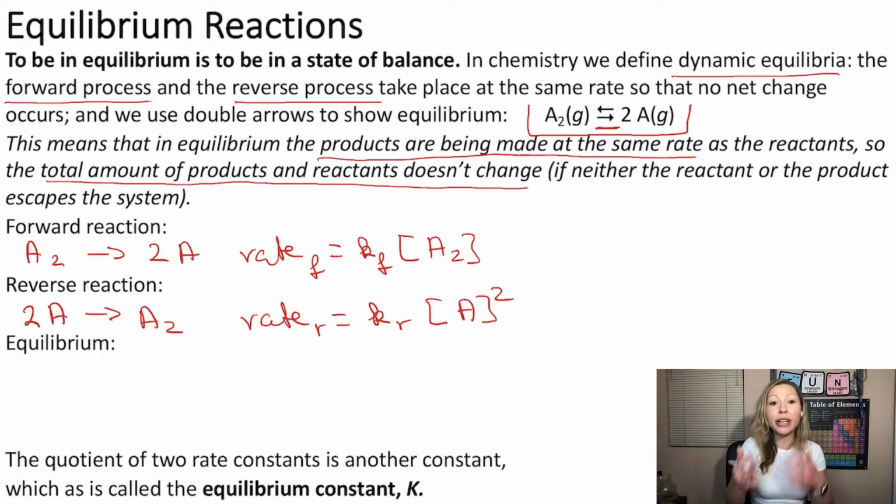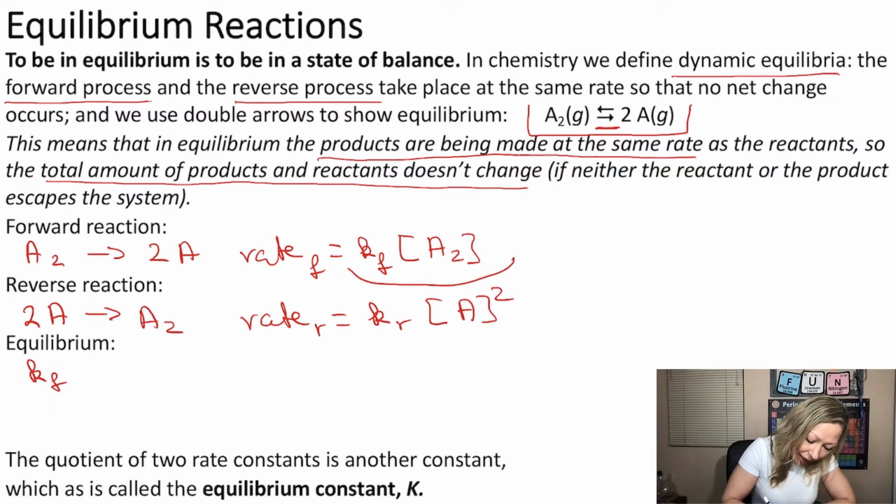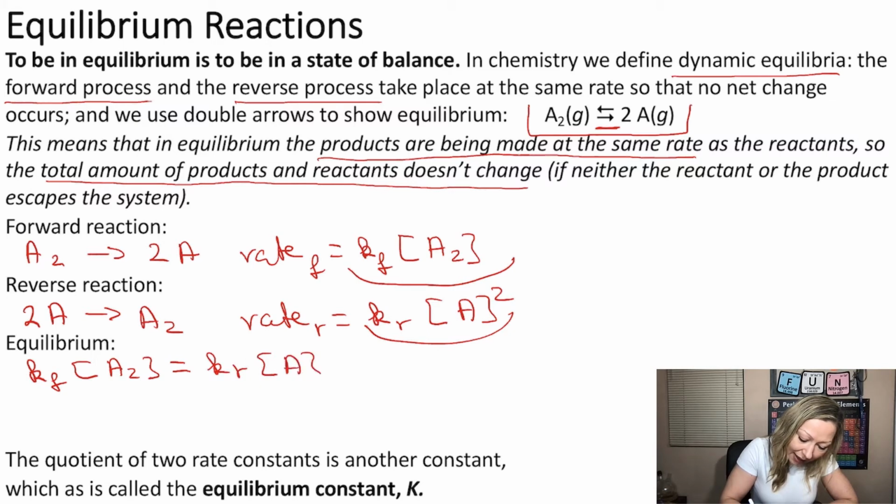So in equilibrium, the rates are the same for both reactions. So I can write out that k sub F, this part right here, multiplied by the concentration of A2 equals k sub R multiplied by the concentration of A squared.